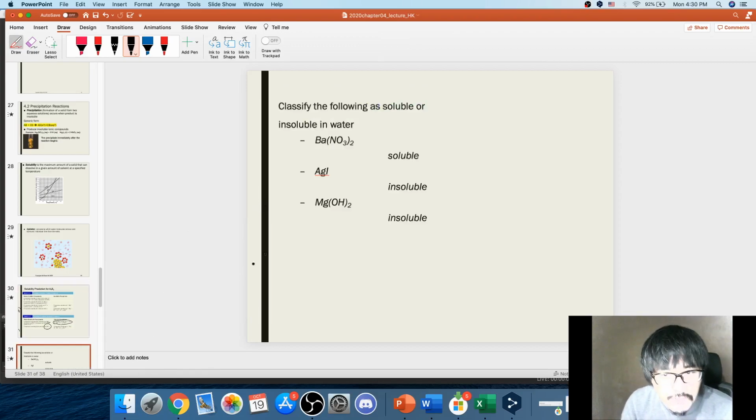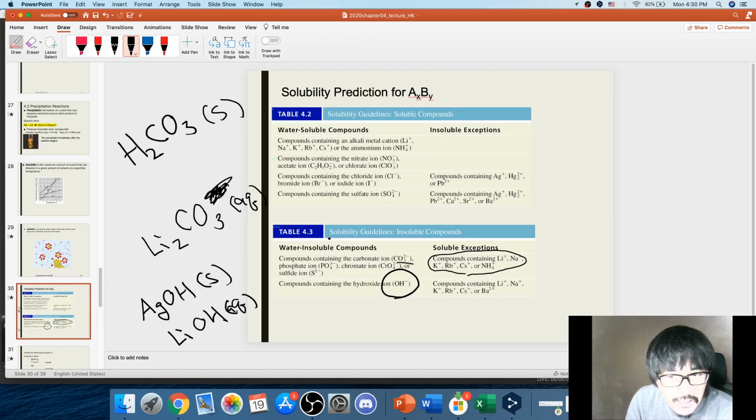So let's check if you can get these things. BaNO32. Let's check the NO3. Yeah, right here. I find NO3 combined with anything is water soluble.